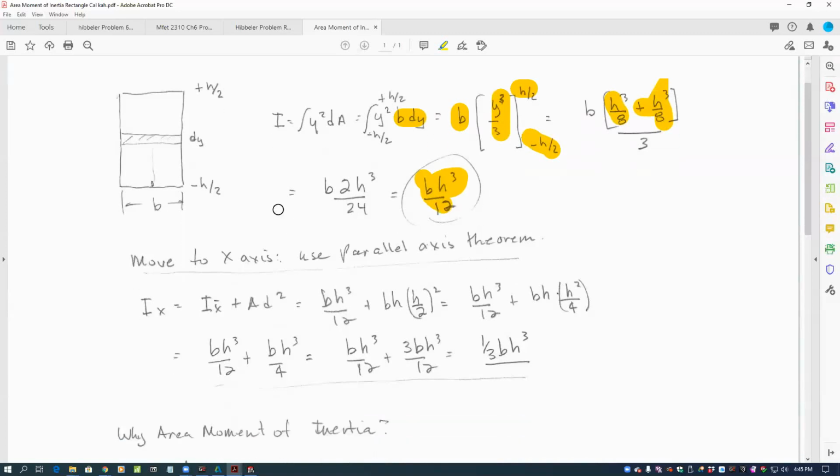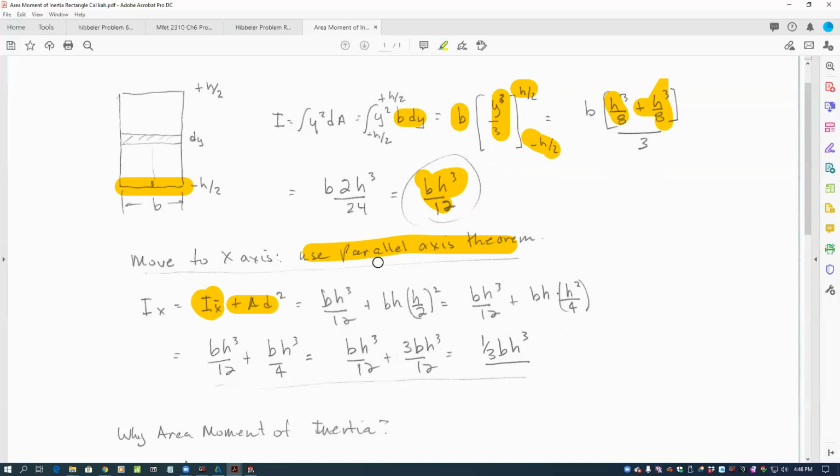And if we move that to the x-axis, assuming this is our x-axis down here, in other words, what's the value of area moment of inertia with respect to the x-axis, we can use the parallel axis theorem. So area moment of inertia with respect to the centroidal axis plus A d squared, this is the parallel axis theorem.